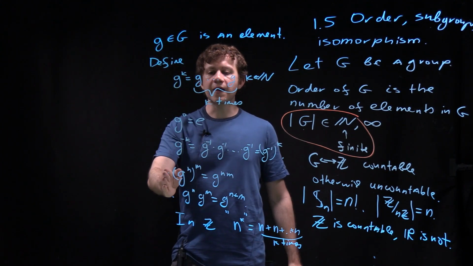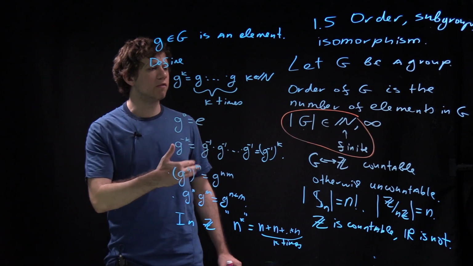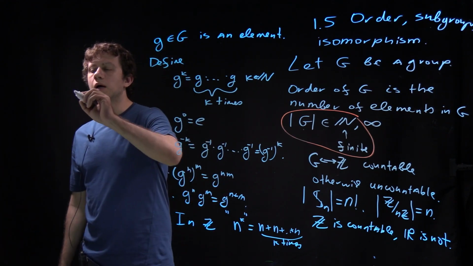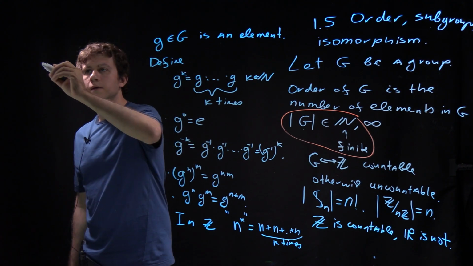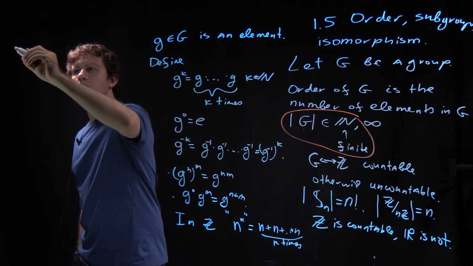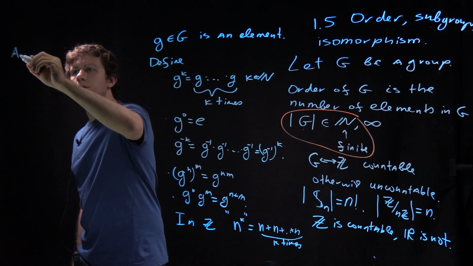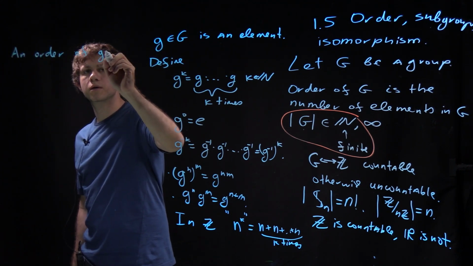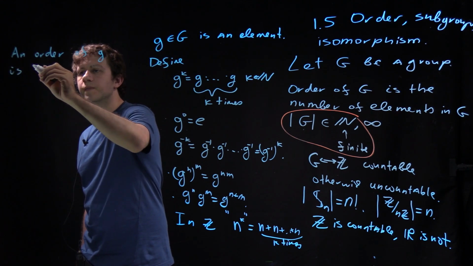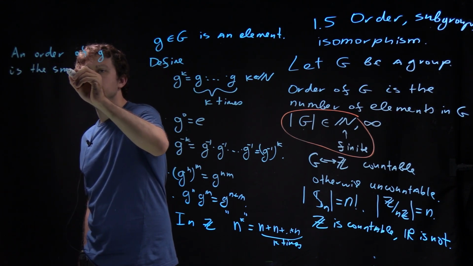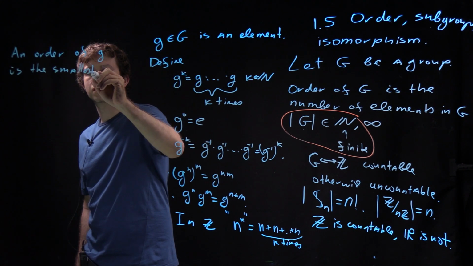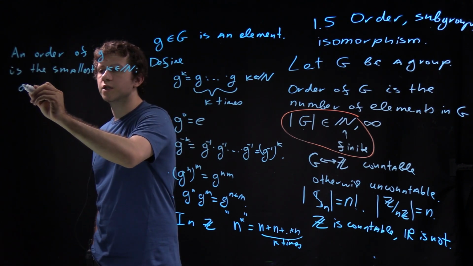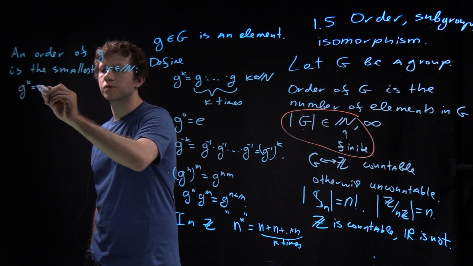Okay, so then I want to say what is an order of an element. An order of g is the smallest k in N such that g power k equals e.